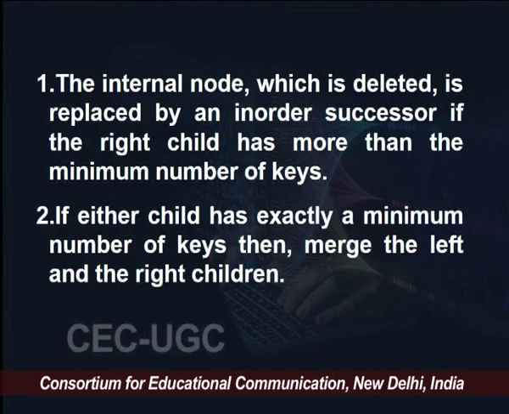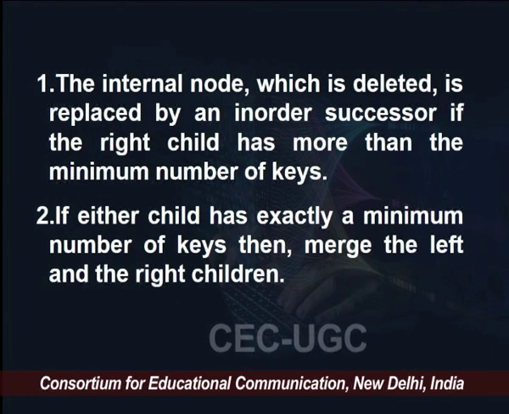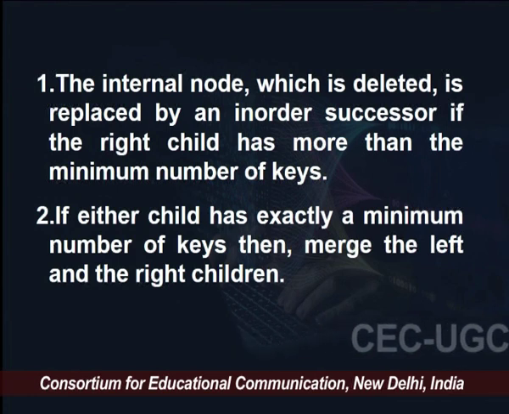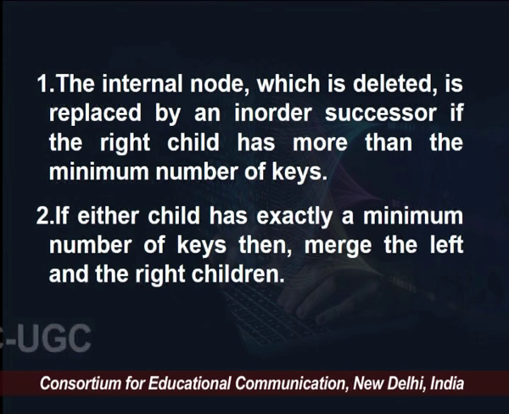Now in that situation also, if either child has exactly the minimum number of keys, then merge the left and right children. That means none of the children is in a position to give away its in-order predecessor or successor. So if either child has exactly the minimum number of keys, then we can merge the left and right children.